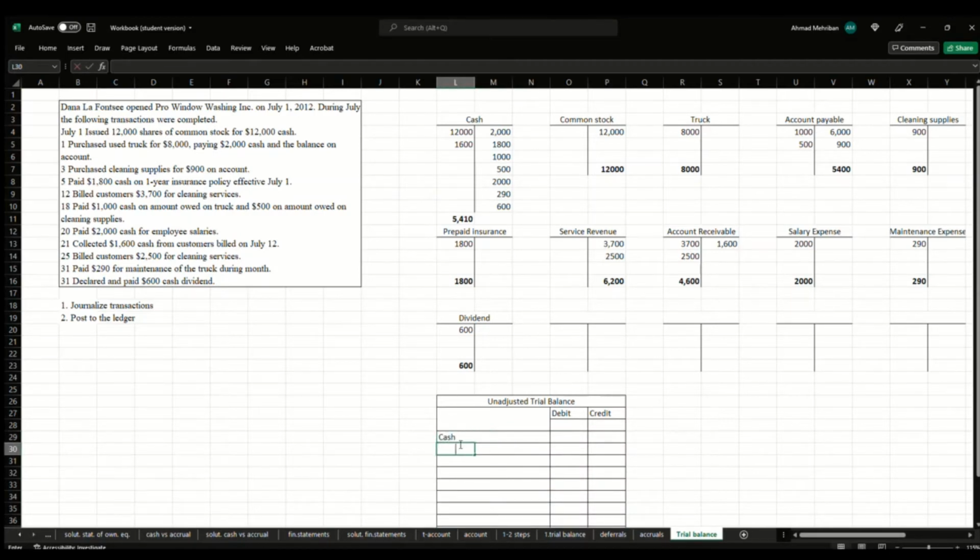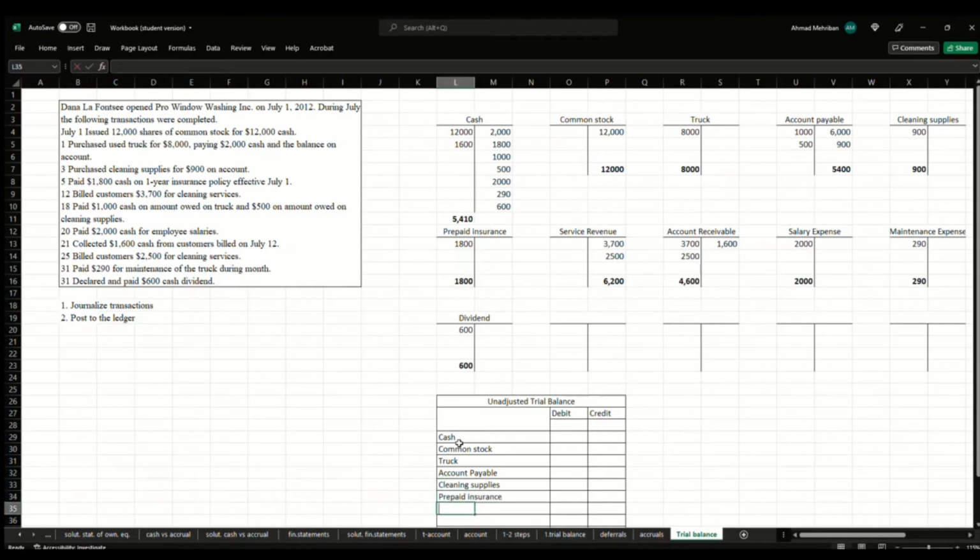So we have cash, we have common stock, we have truck, we have account payable, we have cleaning supplies, prepaid insurance.